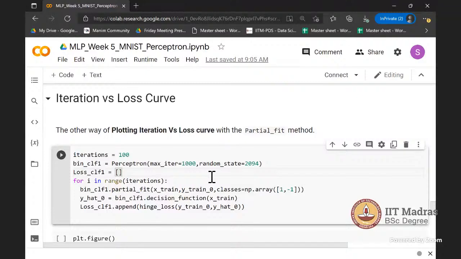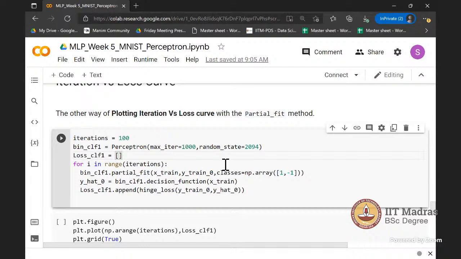In that case, the question is, what is the difference between fit and partial fit? Good question. So partial fit actually works on only one epoch, like one iteration. Whereas fit goes for multiple epochs. Also, once you fit, the data is completely transformed, and if you call fit again, then it will be transformed on the new data set.